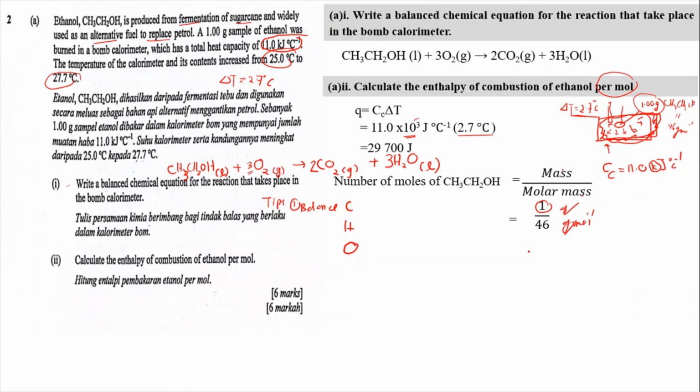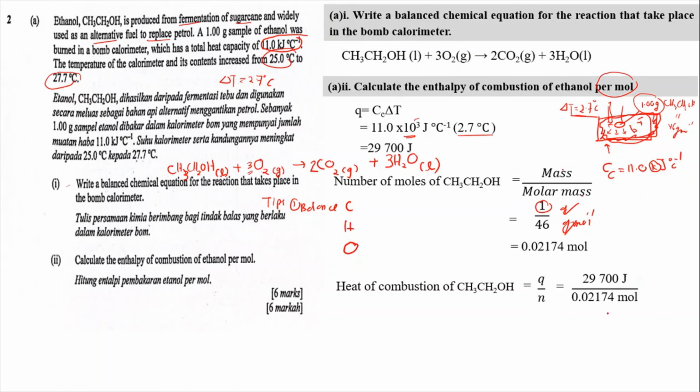So we're going to get a mole, which is 0.02174 mole. In order to find the enthalpy of combustion, which is the heat of combustion of ethanol, we're going to divide our heat, Q, by n. So our heat absorbed by the calorimeter is 29,700 joule, divided by the number of mole of the ethanol that is burned, which is 0.0217 mole.